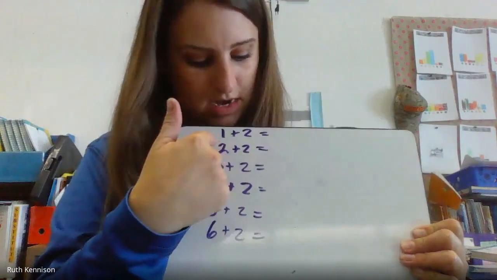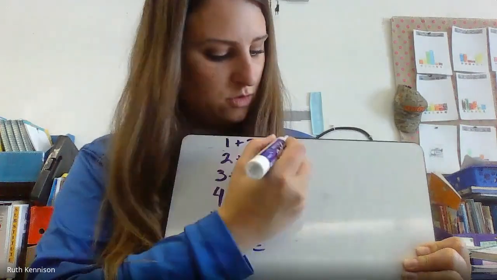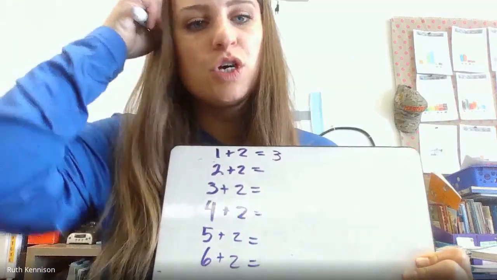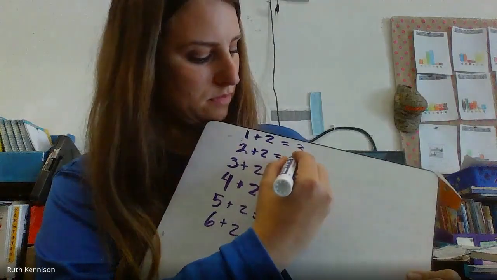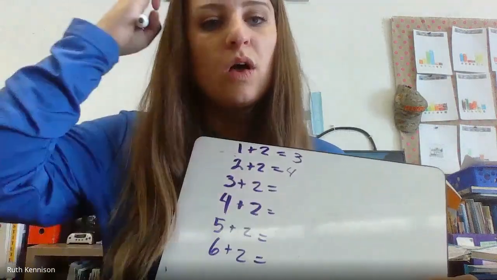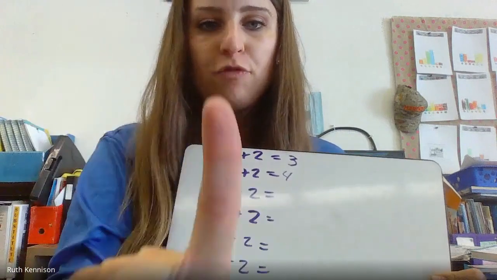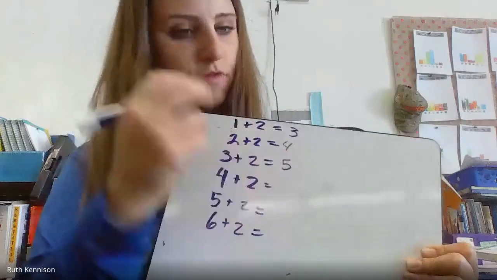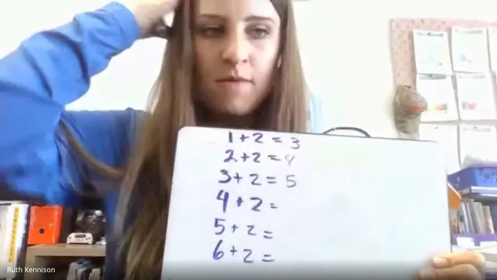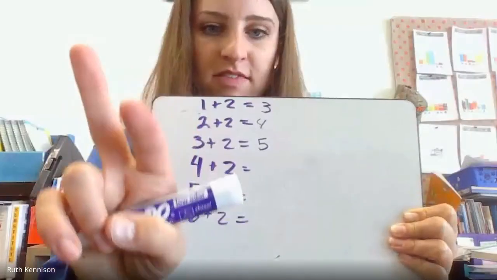Because we can add in any order, and 2 is bigger than 1. 3. 2 plus 2. 2, 3, 4. 3 plus 2. 3, 4, 5. 4 plus 2. 4, 5, 6.